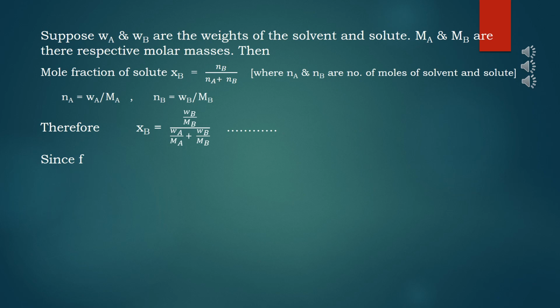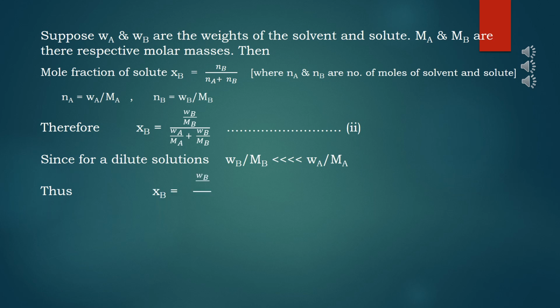Since for dilute solutions, the number of moles of solute, that is NB, is very small as compared to the number of moles of solvent, or we can say that WB upon MB is very small compared to WA upon MA, we can write the above equation number 2 as XB is equal to (WB upon MB) divided by (WA upon MA).